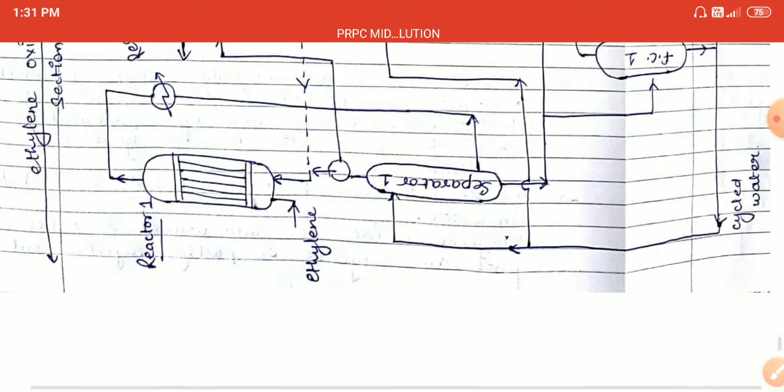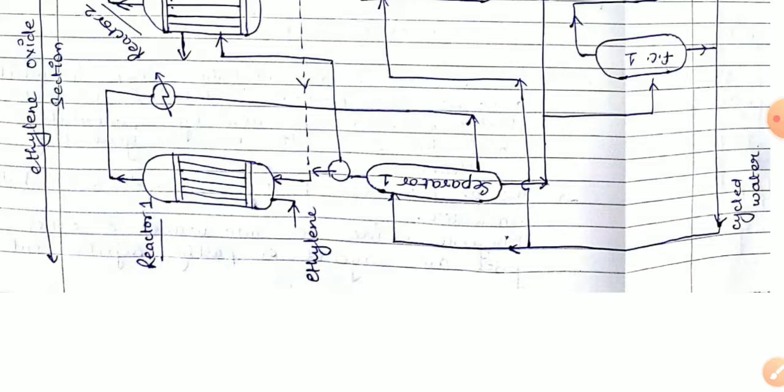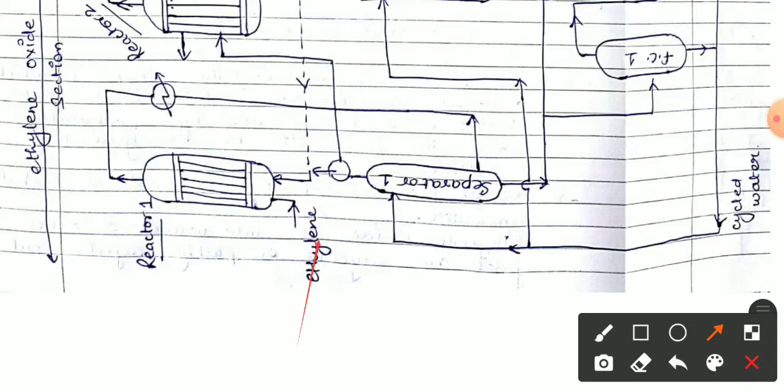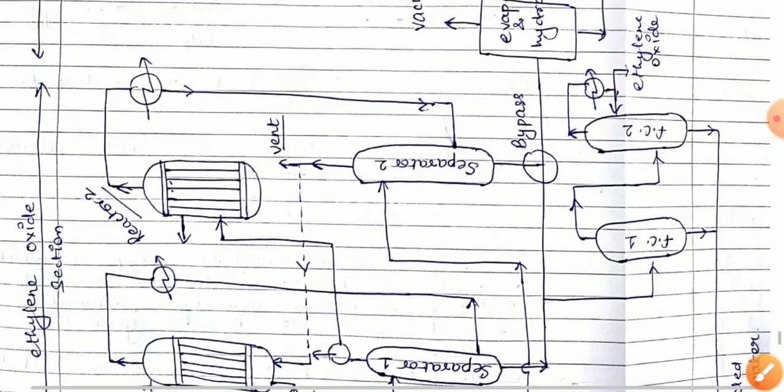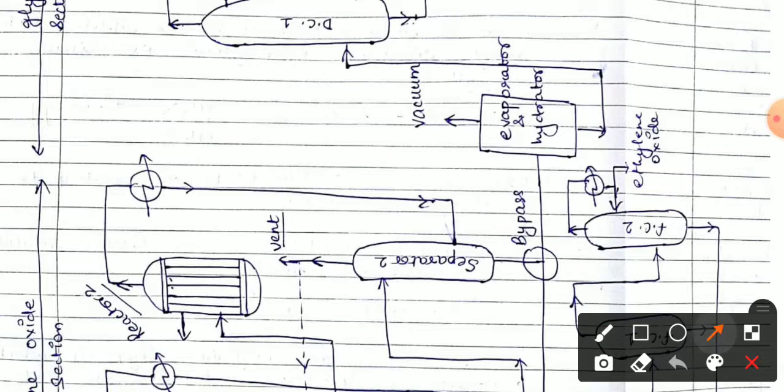The first part goes to reactor 1 and reactor 2 for the ethylene part. Ethylene and the reactor go to separator 1, and the circulating water part goes to fractionator column 1. This is the first step. Now the second column: separator 2 and fractionator column 2, and the upper part goes to the reactor.